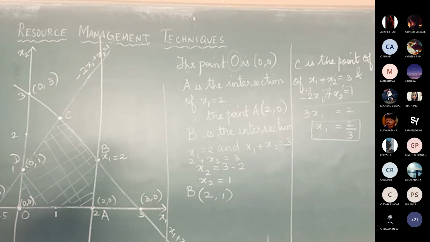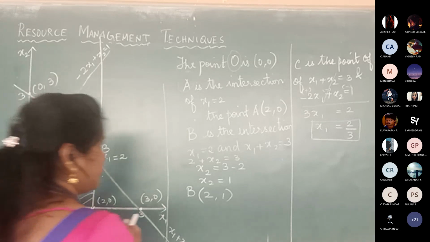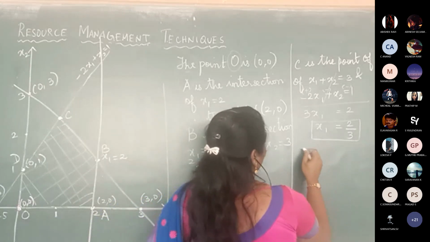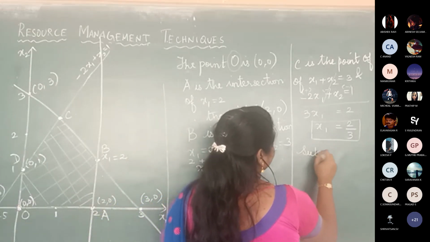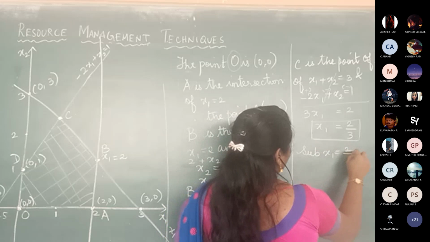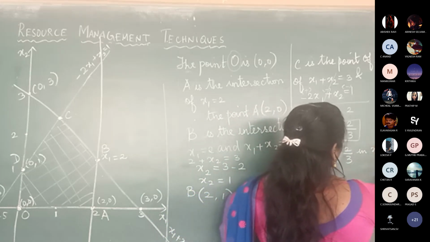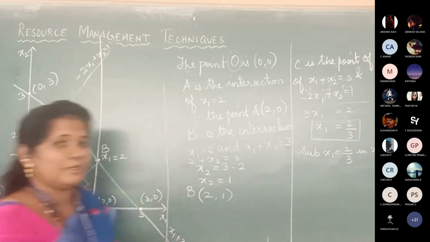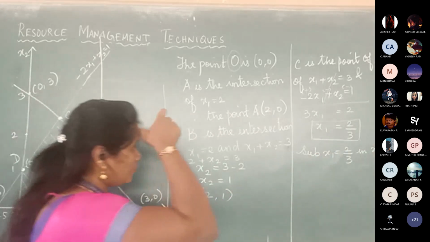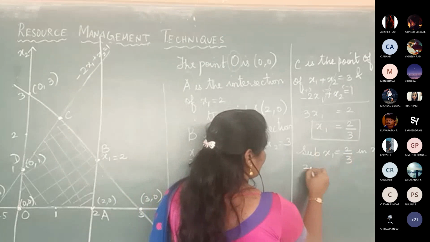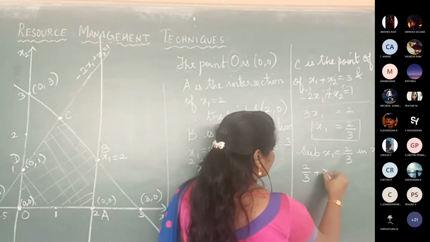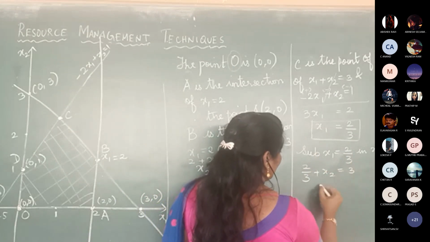Similarly, now substitute this x1 is equal to 2 by 3 in your x1 plus x2 is equal to 3. When you substitute it, you have 2 by 3 plus x2 is equal to 3.